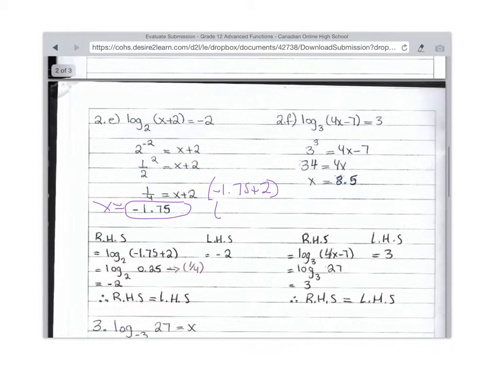When we do that, we end up with positive 0.25. Since that's a positive number, this negative answer in this case will work as a solution to the question. So you should always check as you're going along, and you should always show your check to explain that you realize why you can use a negative number sometimes and not others.